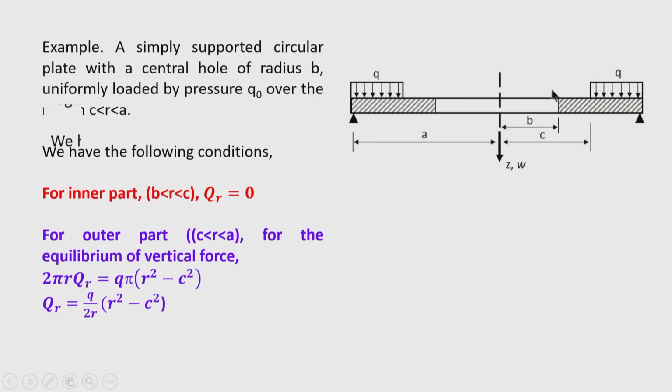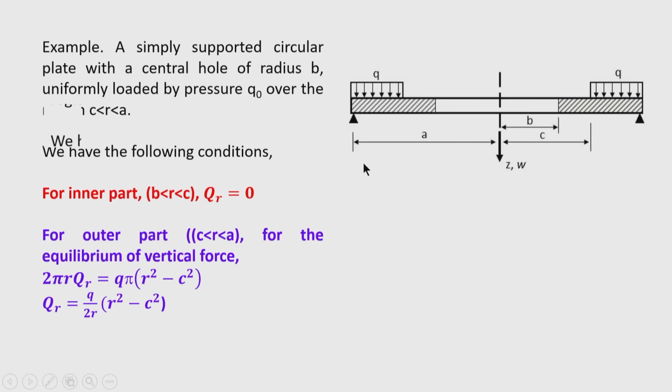This is also a plate with a hole, the radius of the hole is b, but the loading portion is from C to A, where C is the radial distance from where the uniform load starts and it ends at the outer edge A. The hole with a radius b exists in the plate.